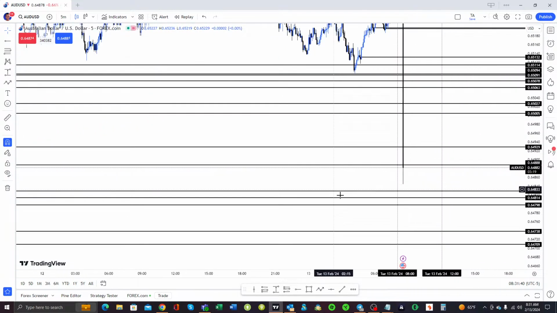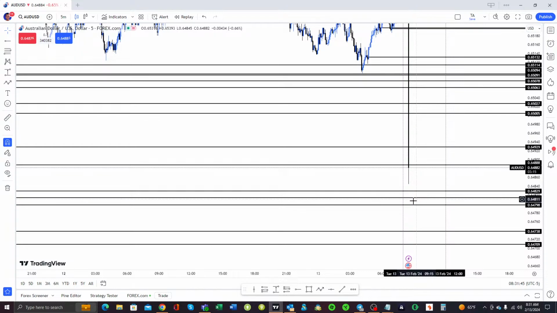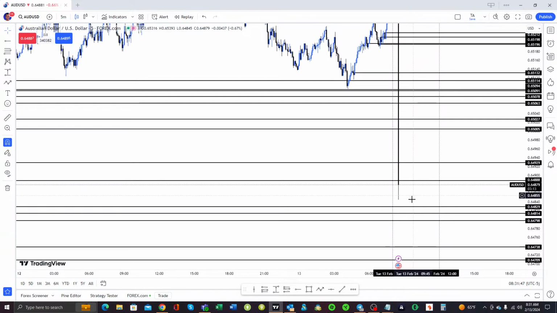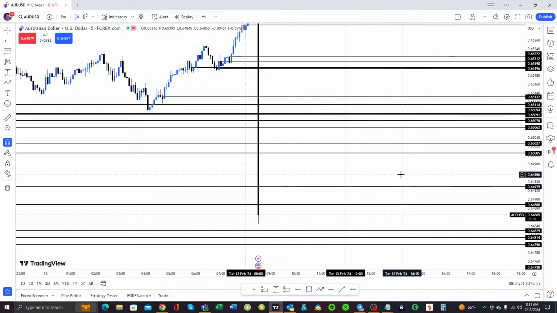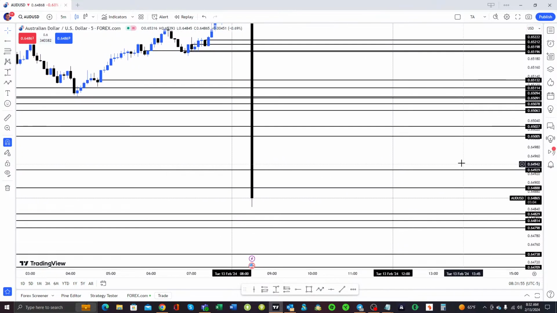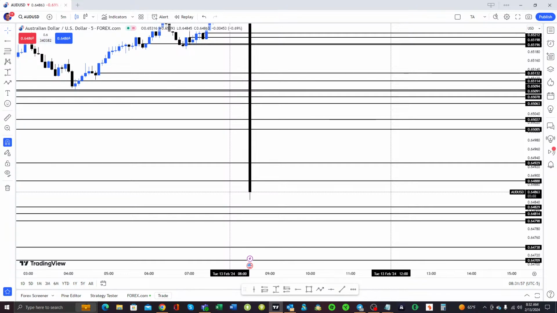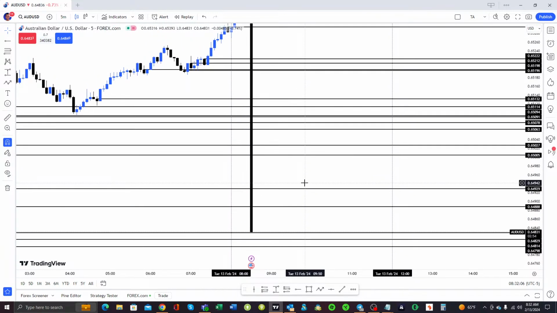Yeah, really anything below here. These three are going to be a strong area of demand down here. These three especially would be a good demand to take off of.